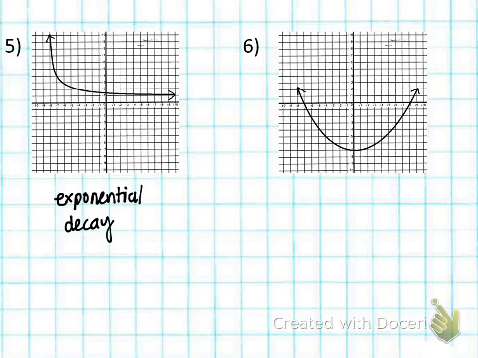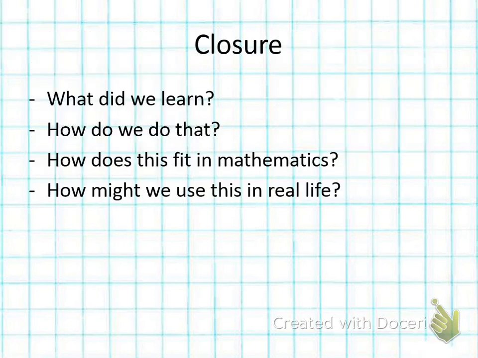Answers up in 5, 4, 3, 2, 1. Answers up. Okay, excellent. Positive quadratic. Okay, good. So that's all we're learning today. Well, let me see. There might be one more thing. No, that's it. That's all we're learning today.